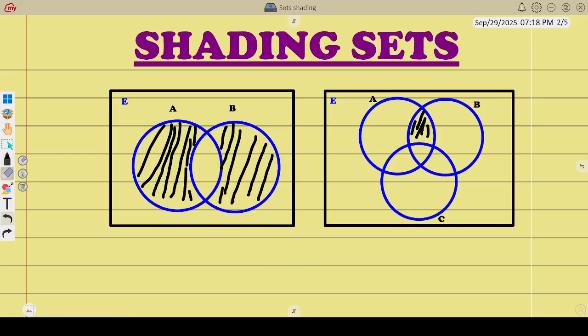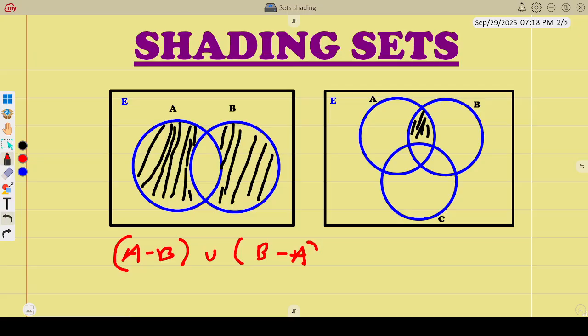Some questions will give you something like this and then ask you to describe the shading. From this shading, on this part we have A minus B, and then we say union, meaning we're mixing it with the other part. The other part we have shaded B, but what is in A is not shaded.